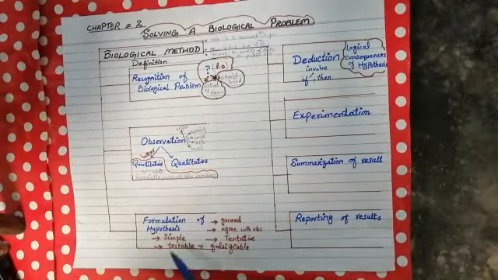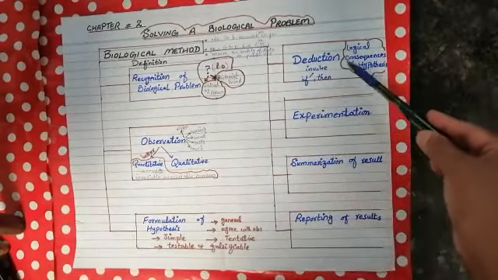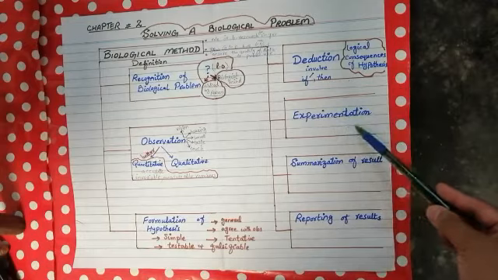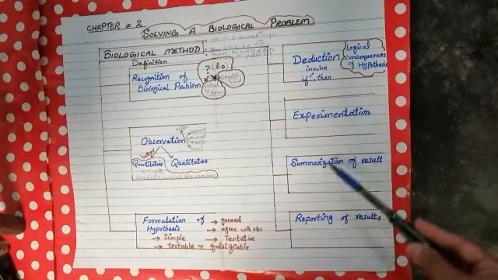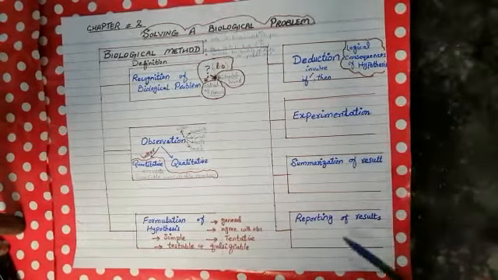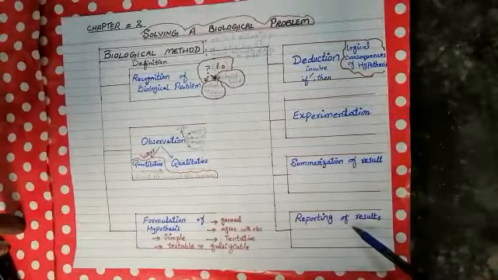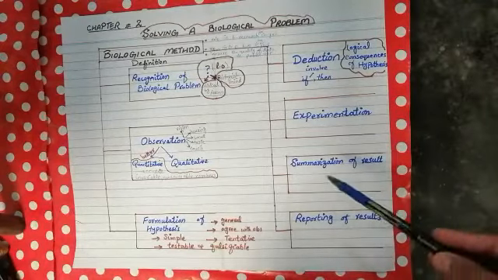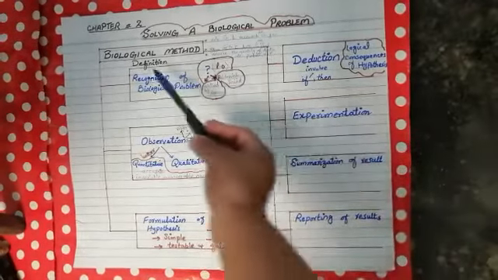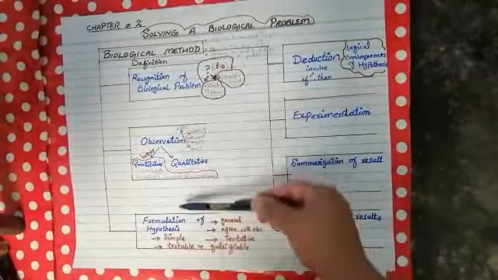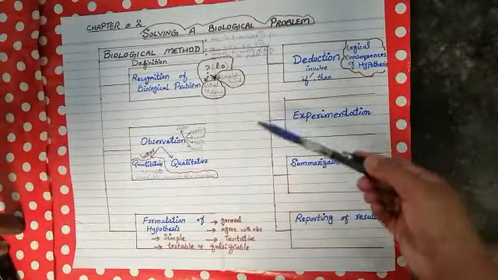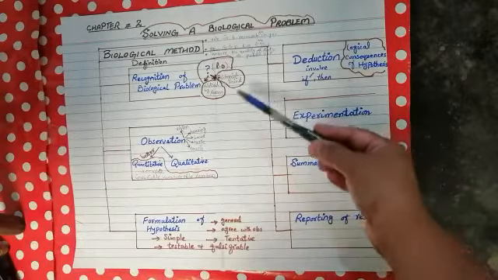Third one is formulation of hypothesis. Next is deduction. Then we do experimentation. After experimentation, we summarize the results, and then we report or publish our results. These are the steps of biological method. Now we will discuss these steps one by one.